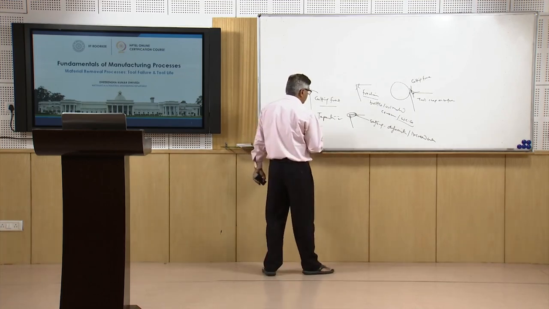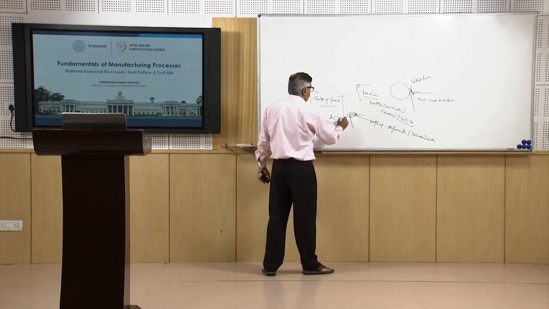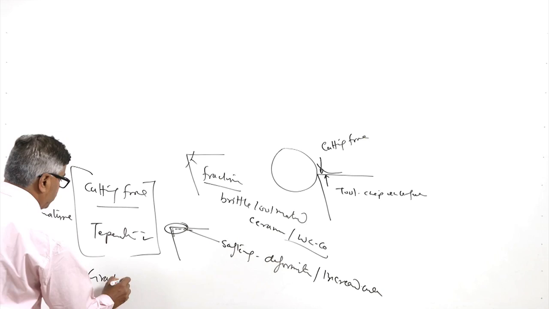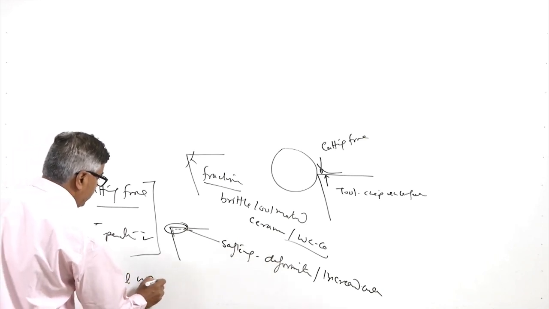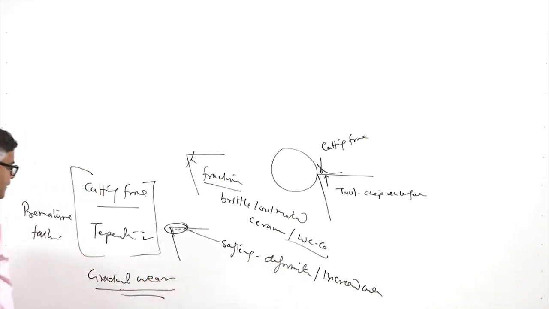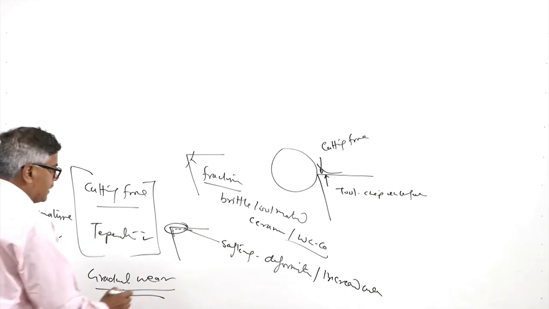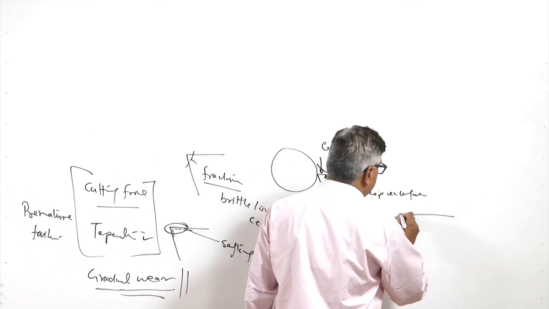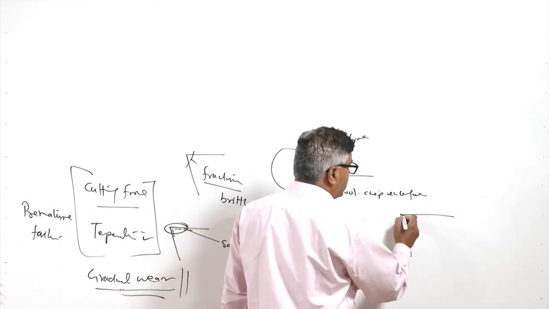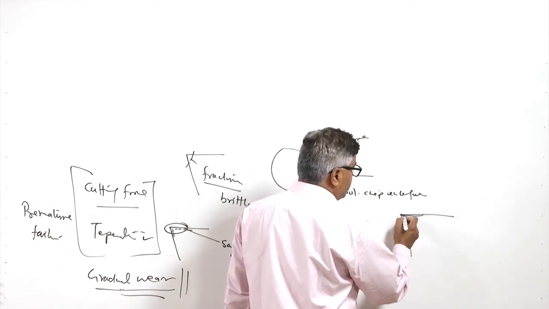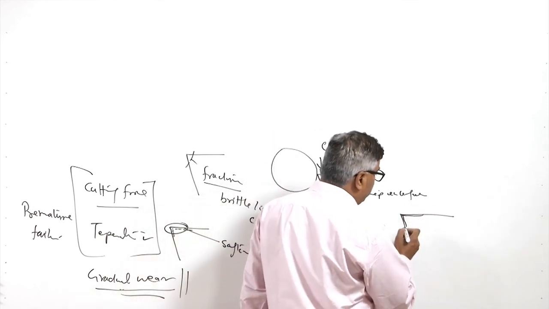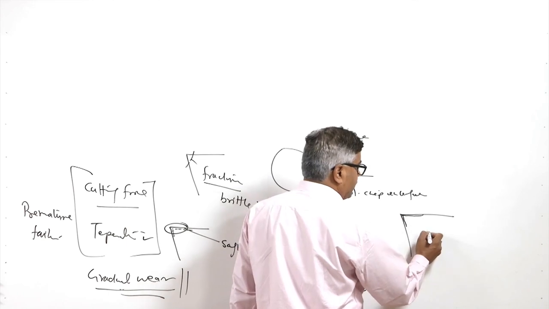But there is a third condition: when these two are not very high, the tool will wear out gradually. The gradual wear of the tool delivers enough life of the cutting tool. Initially the cutting edge is sharp, then gradually there will be a loss of dimensions, the face and the flank both will wear out, and the nose will get modified.